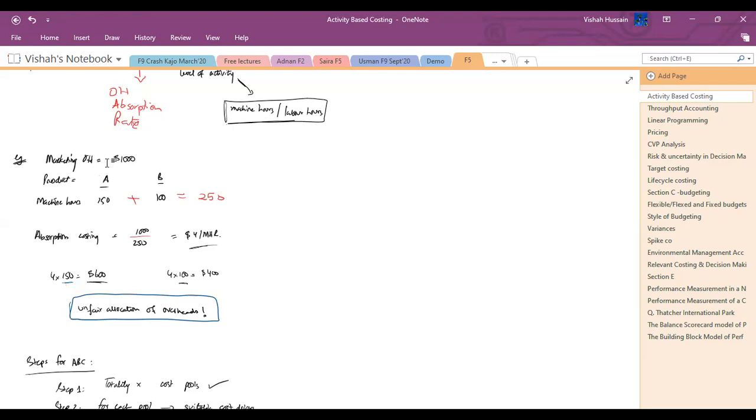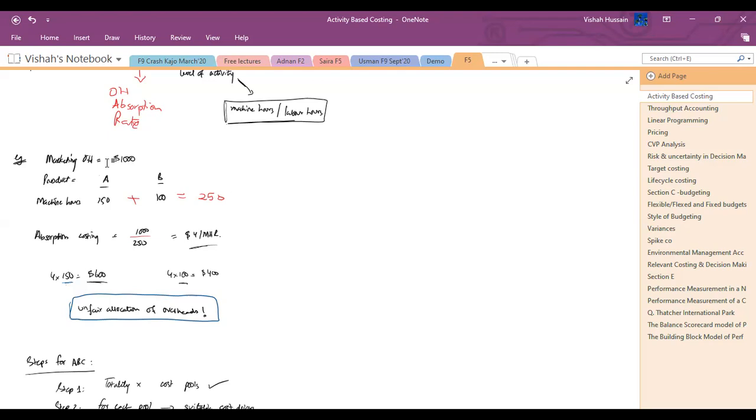So let's say they have given you 150 machine hours for A and 100 for B. So the total machine hours would be 250.